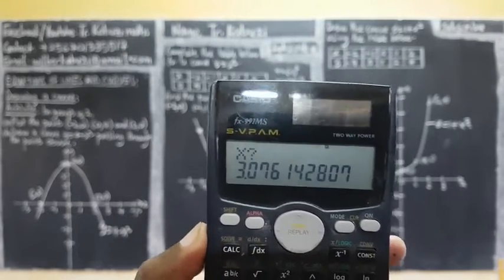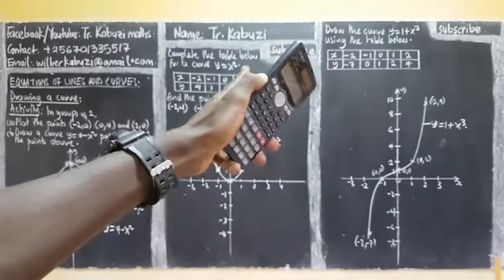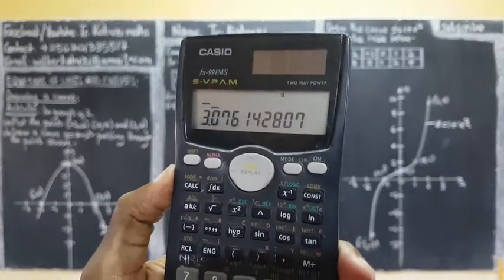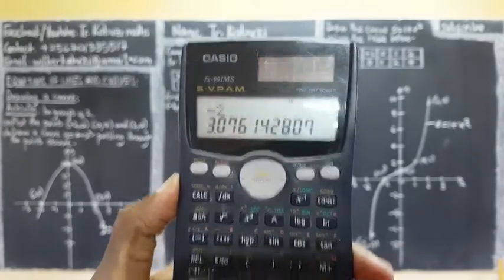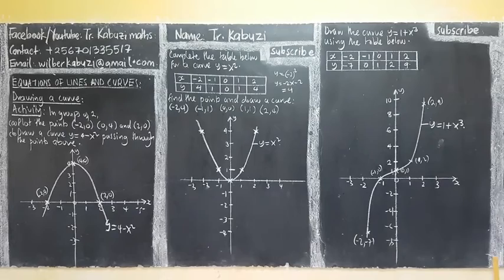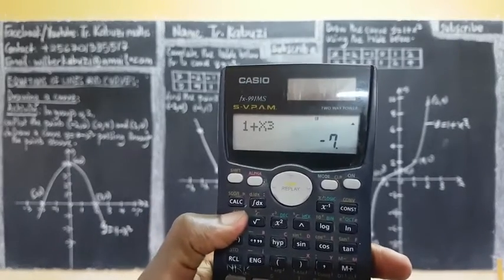There they're asking which value of x you want. Our first value of x is negative 2. Then I put negative 2, then press equals. Are you seeing? -7. If I want to put in another one, I press calc.